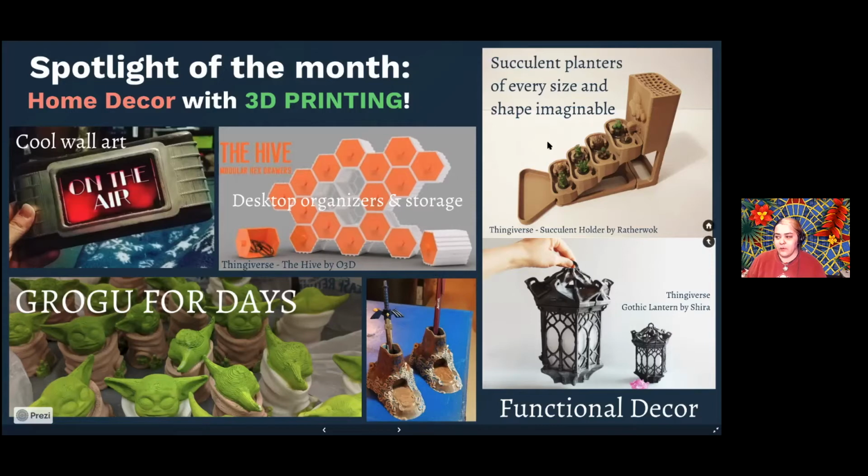Little succulent holders are very popular in 3D printing. There's all kinds of stuff. This one's kind of neat because it's a self-watering one. And then there's also functional stuff, like this one, I guess you put a tea light in and you can have it as a little decoration light for your house or Halloween, stuff like that.